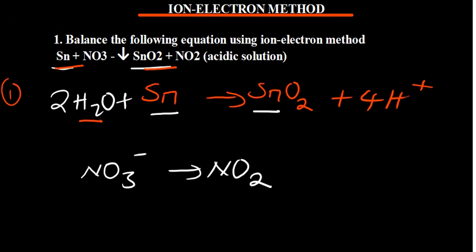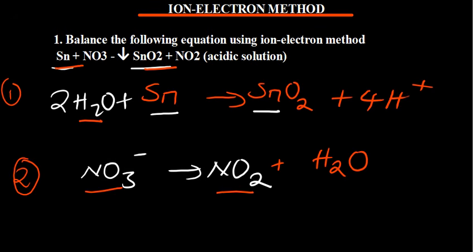Let's look at the second half reaction. By inspection, we can see that only the oxygen atom is missing on the right hand side. So we'll add a water molecule on the right hand side. NO3, so we have 2 there plus that one, it makes it 3 already.